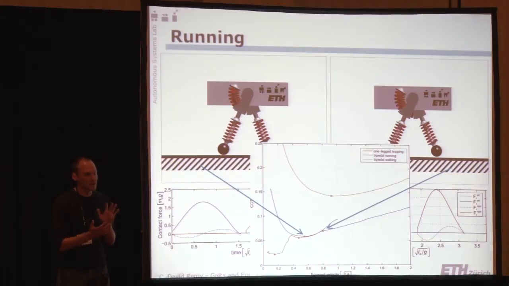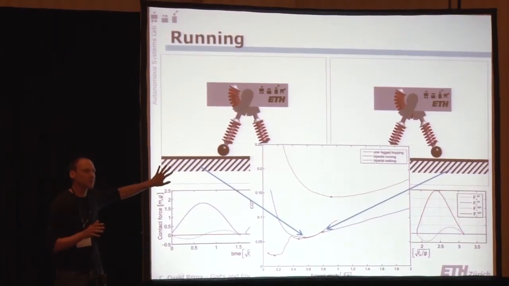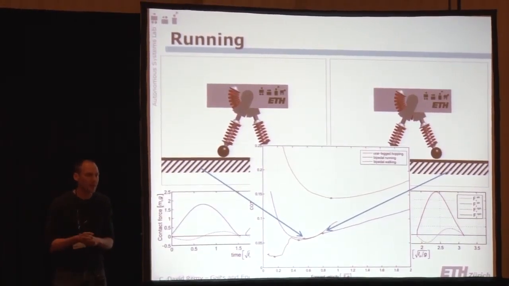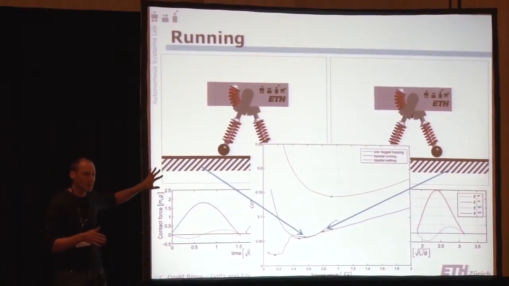If I inject energy in the first half of stance, where my spring is already passively compressed, I increase that speed and have higher damping losses, whereas if I inject all the energy in the second half of stance, I'm slowing down the extension velocity of the spring, and that allows me to reduce damping losses in the system. For this particular cost function it looks different than for electrical cost of transport, but for minimizing mechanical work, it makes sense to inject all the energy in the second half of stance, and that gives you the estimate.